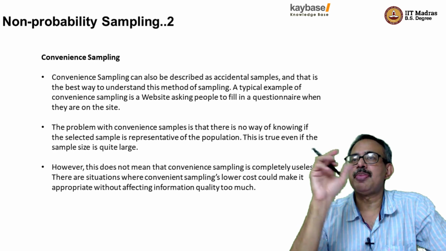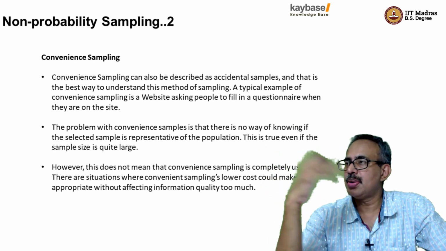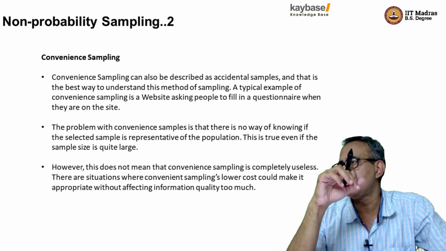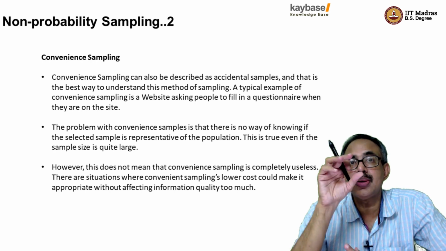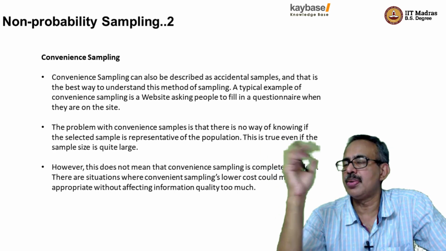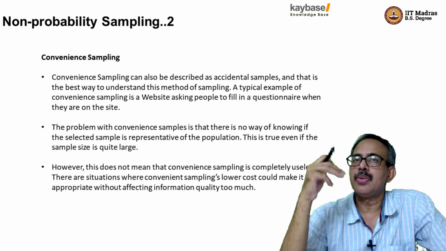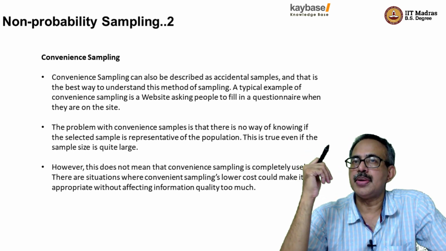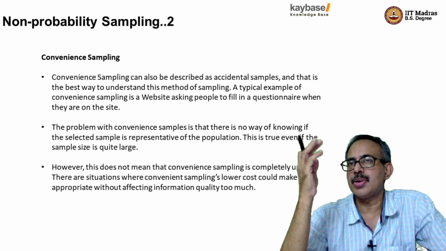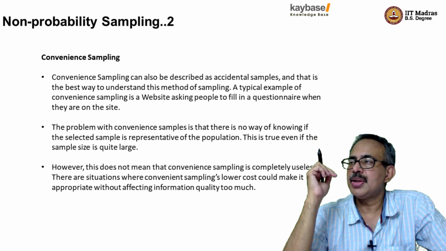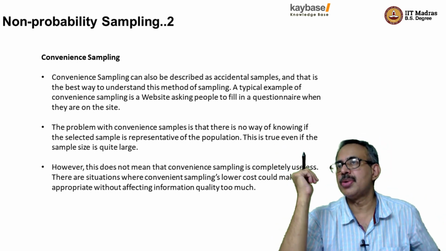A good example is a website will say, whoever logs in, can you fill up the survey? So they're not making any extra effort to send the survey over to the specific kinds of people. Whoever comes can fill it up. Likewise, a person who is compering a program on radio, for example, maybe a talk show, says, what kind of music do people want to hear?